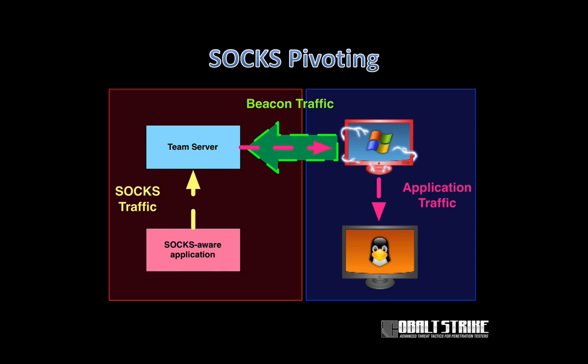SOCKS is a standard for an internet proxy server, and Cobalt Strike happens to have a SOCKS 4A server built into its team server. And a SOCKS-aware application can communicate with this proxy server and have any of its traffic relayed through your various beacon chains to reach whatever target you want.